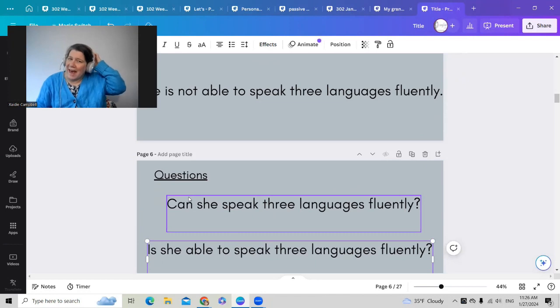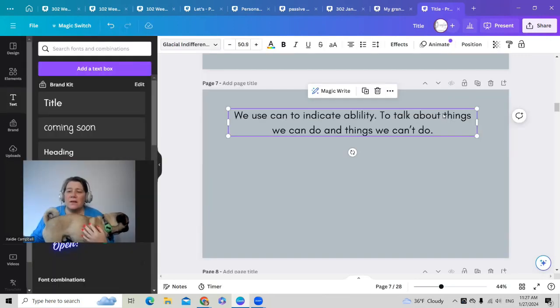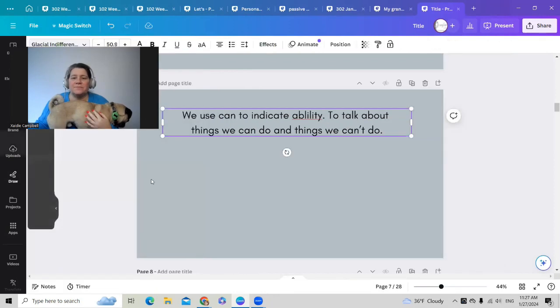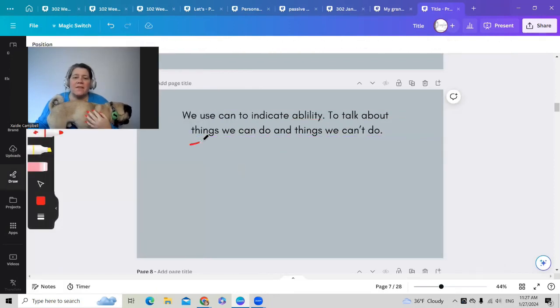We use can to indicate things that we can do or things that we can't do. So here, when I say things we can do, it sounds like this. Things we can do.